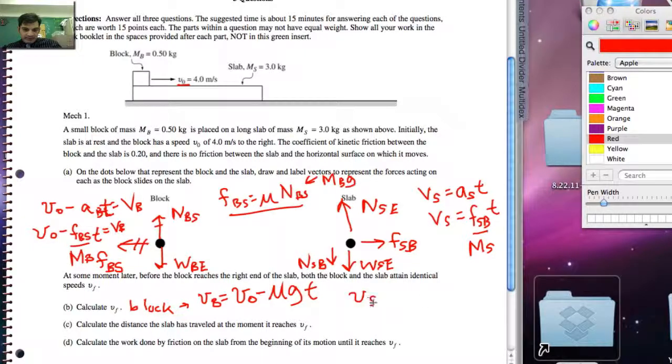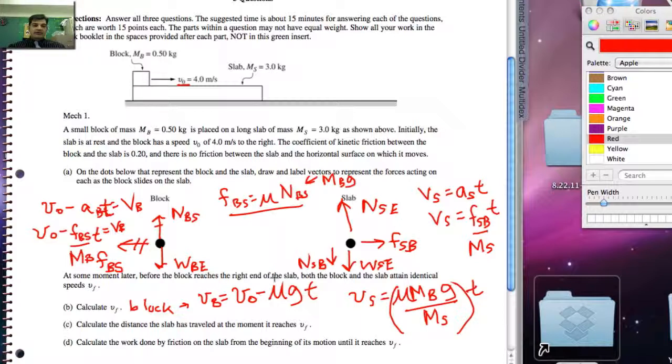And for the slab, v of the slab equals mass of the block times g times mu divided by mass of the slab, times t. That'll be the two equations.